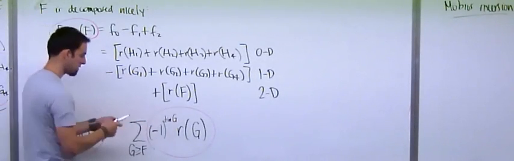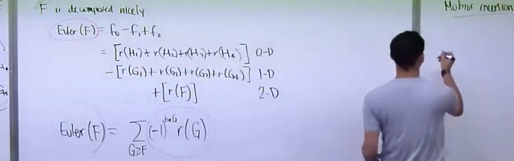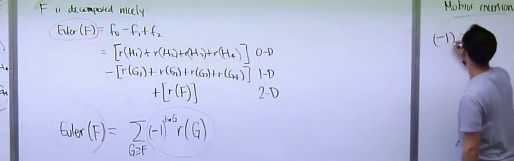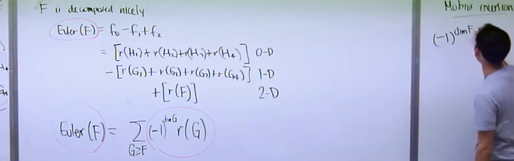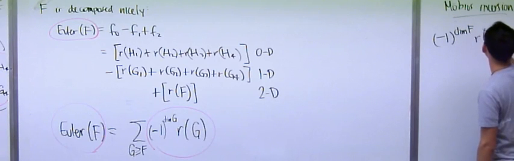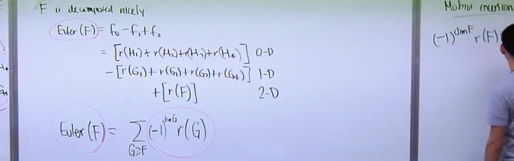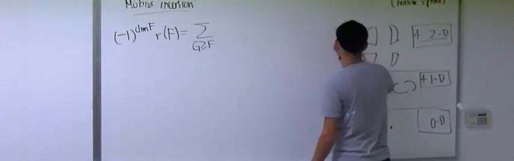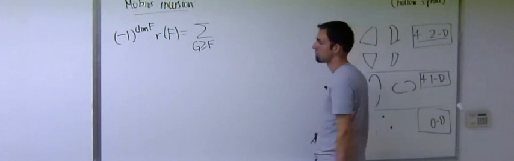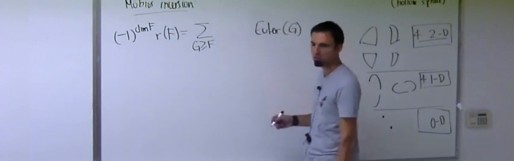So you just invert this relation, and you get that minus 1 to the dimension of f times the number of regions of f is the summation, where again you add up over the g's that are bigger than f, of Euler of G times the Mobius number.